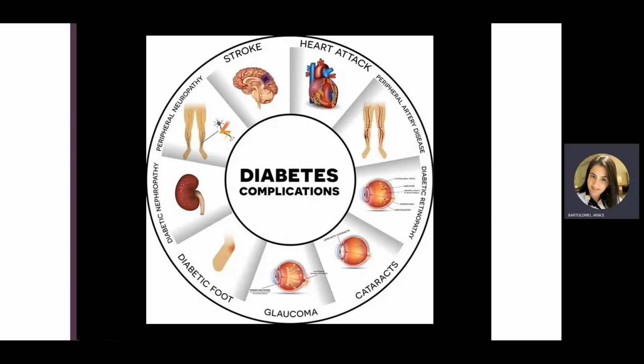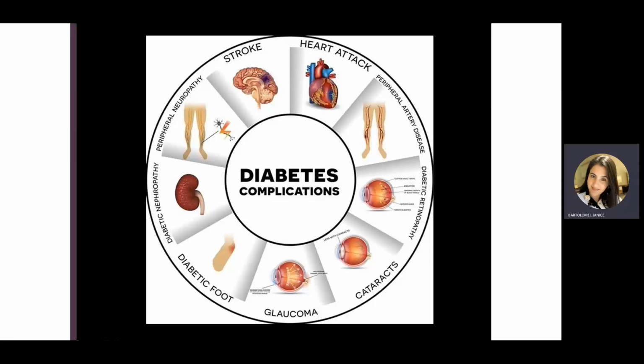Some of the acute complications are hypoglycemia and hyperglycemia, which can lead to diabetic ketoacidosis or DKA, or hyperosmolar hyperglycemic syndrome, HHS. Some of the chronic complications, such as in the picture that I have here, affect the vessels and the nerves.